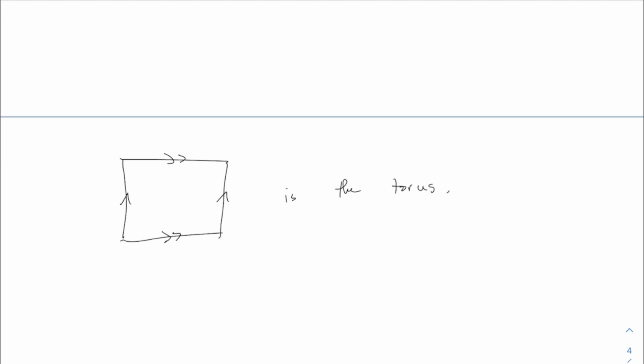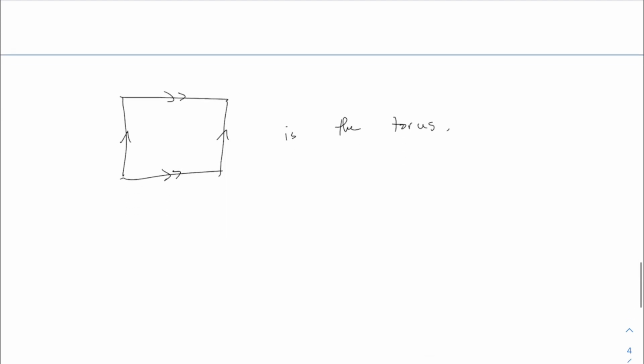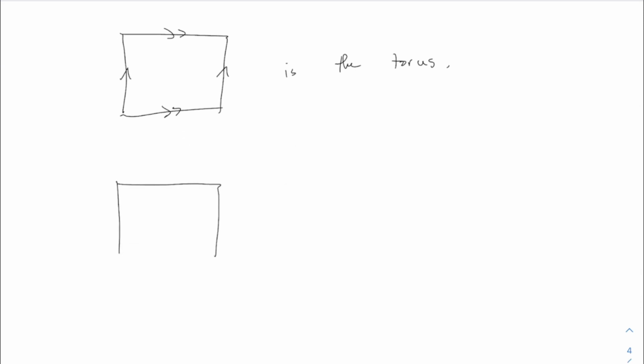What if I do that, but twist one of the gluings? Let's twist the top and the bottom. I'm going to glue these two sides straight, but the top and the bottom will be glued backwards, or with a twist.